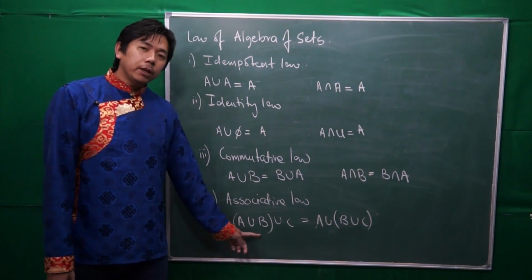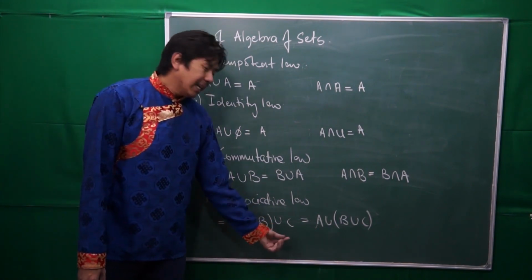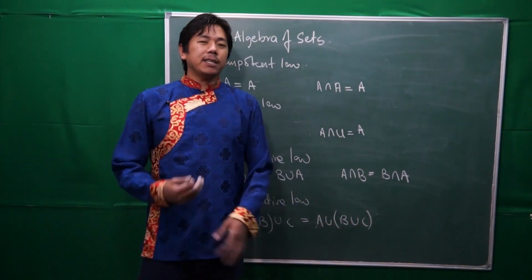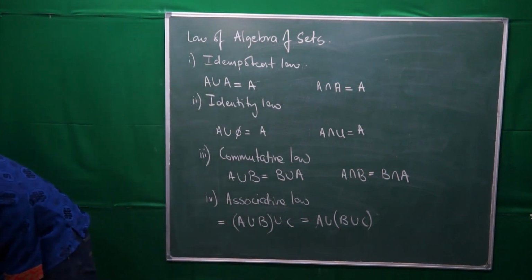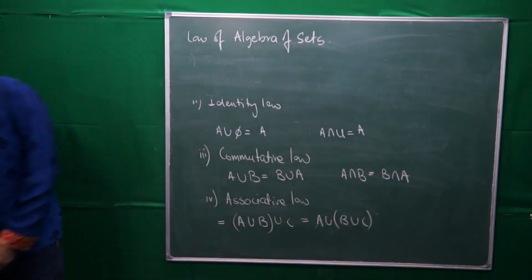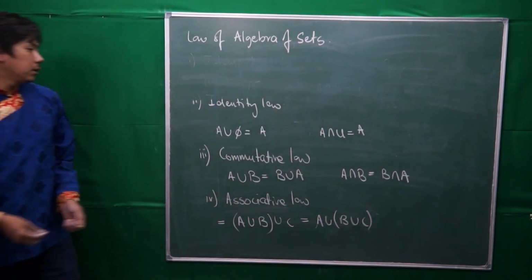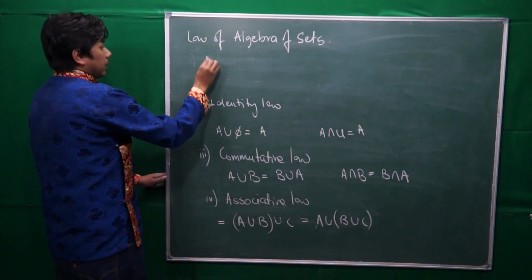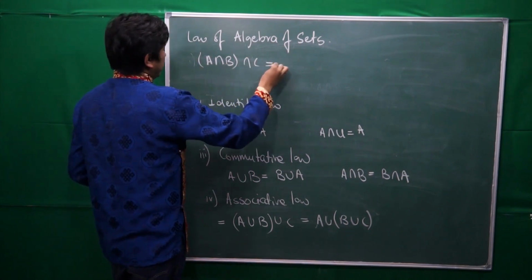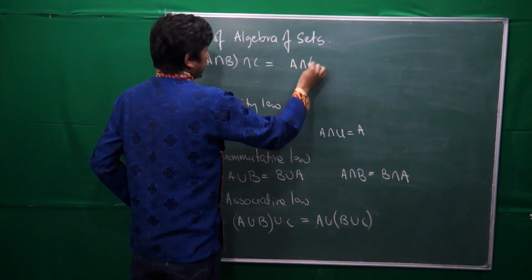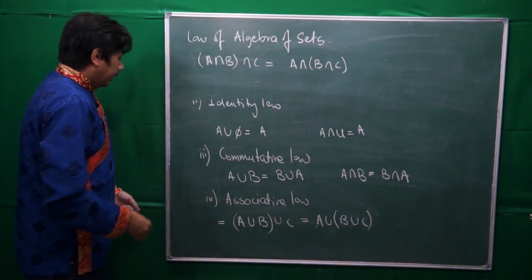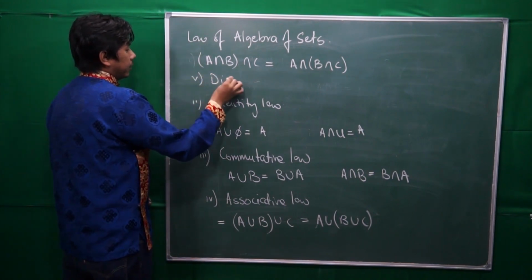So first union of A and B, then union with C is same as first union of B and C, then with A. Now same thing happens with intersection as well. A intersection B intersection C would be same as A intersection B intersection C. Simple.